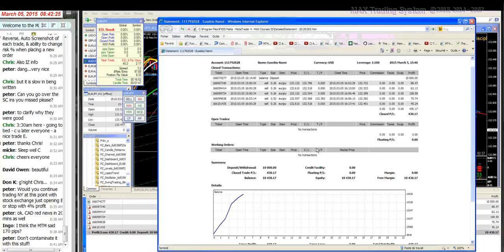Now, of course, when you achieve a level of mastering of the Max and specifically the Max Sum, you will see a nice growing balance curve, sometimes with some drawdown, of course, but the drawdown will always be small compared to the profit you can make. Now, don't expect every day to make a nice profit.